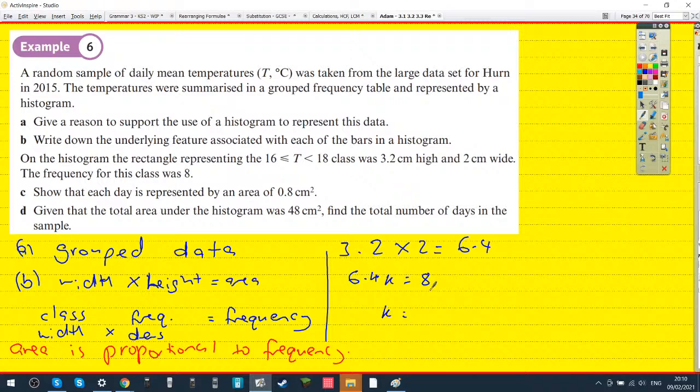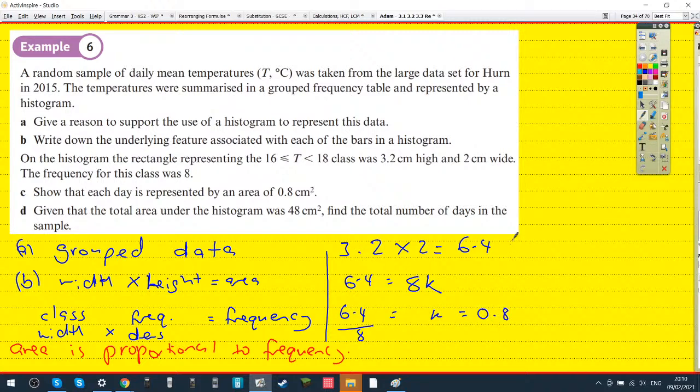Sorry, other way around. 8 equals 6.4 times something. No, I did it again. 6.4 is equal to 8k. So you'd get 0.8. So k is 0.8.